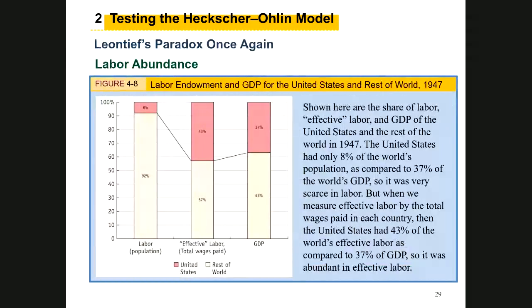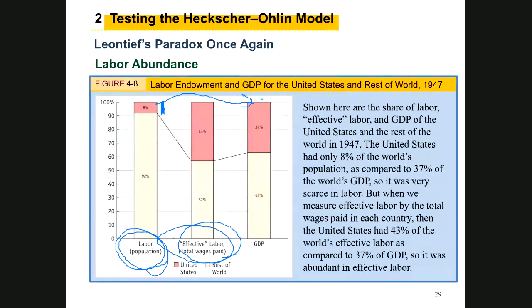And this will be the same case when we go back to labor. Right? The actual number is the number of labor. The effective number is the total wage paid. If you only look at the number of labor, which is originally what was used in the Leontief paper, the U.S. is considered to be scarce in labor.